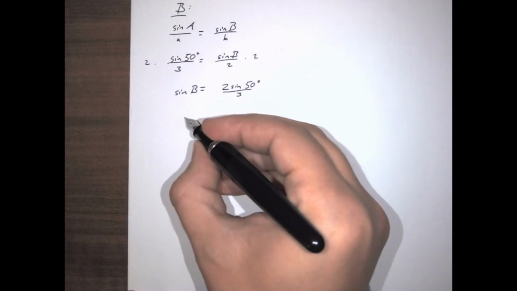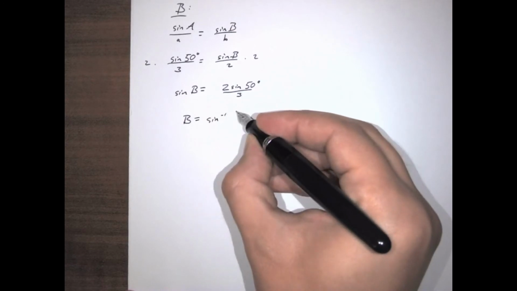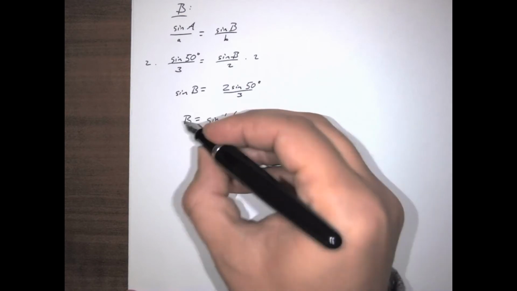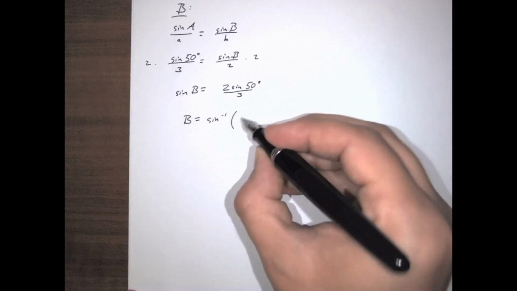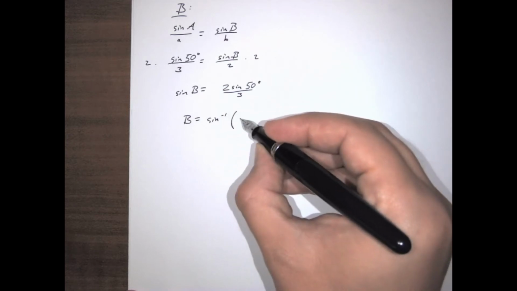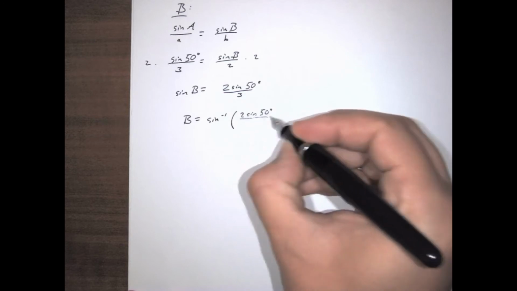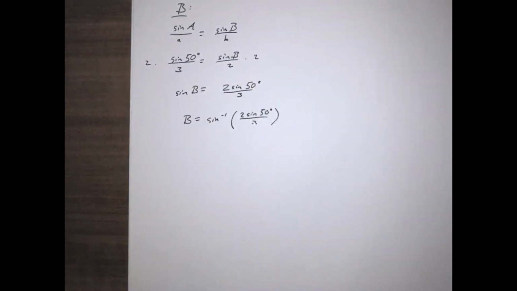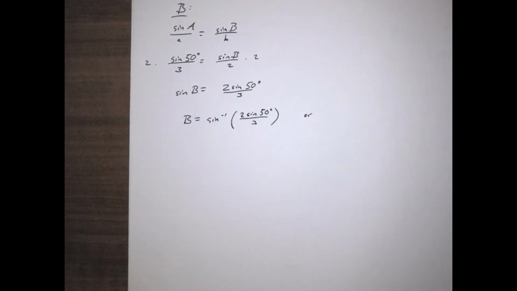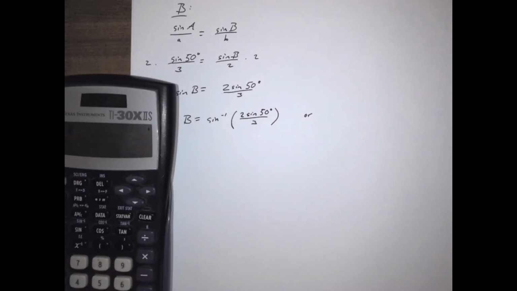And I'll just leave it like that, and then I'll say B is equal to sine inverse of that. And this will be the first of the possibilities to consider. And we'll evaluate that and see, and then consider the other possibility.